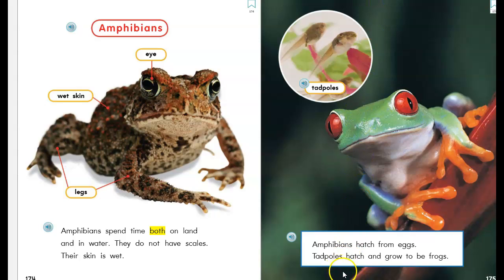It says tadpoles will hatch and grow to be frogs. So these are tiny, tiny frogs. Starting out, they are called tadpoles.